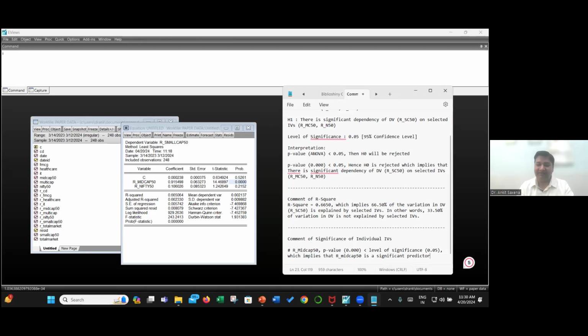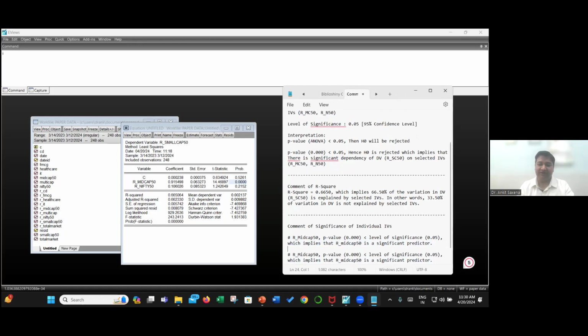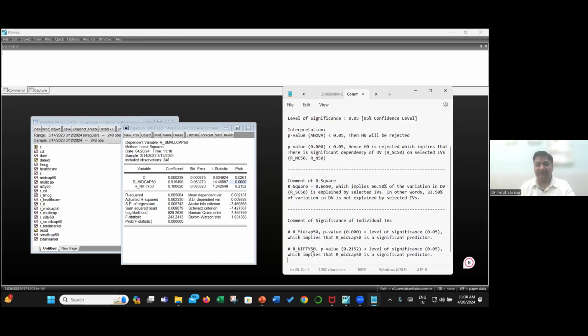But if you write the same line for returns of Nifty 50, the interpretation will change, because here my p-value goes to 0.2152, and this time it is more than the level of significance, which implies that Nifty 50 is not a significant predictor.